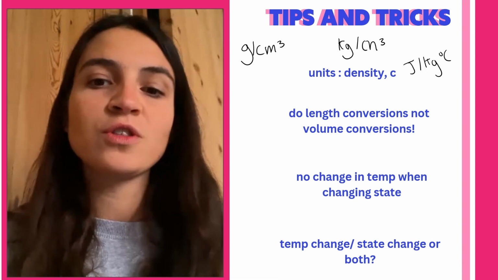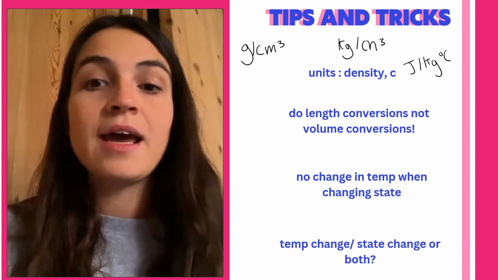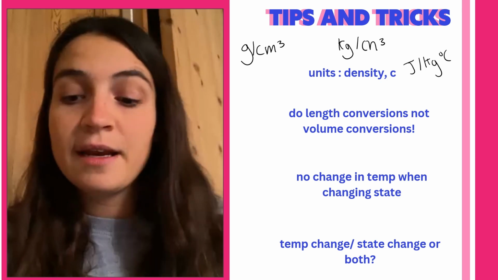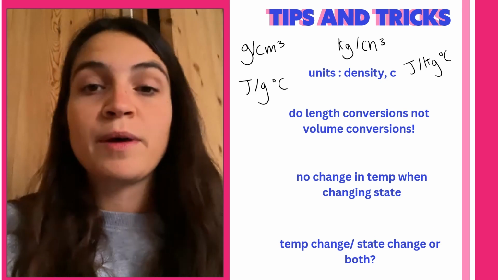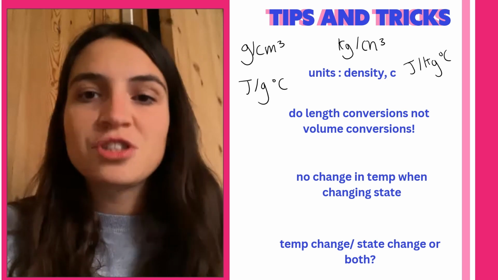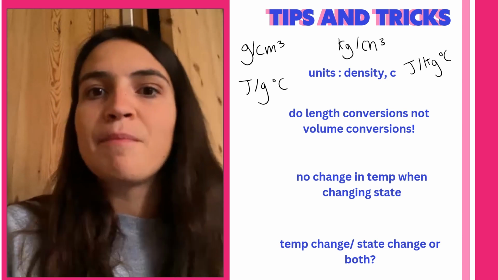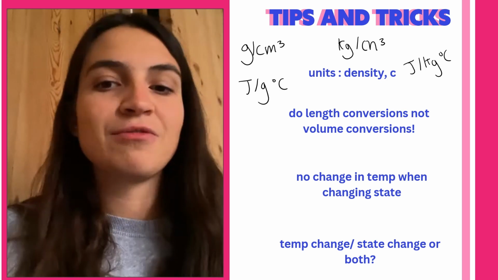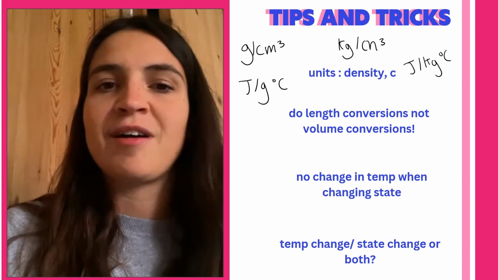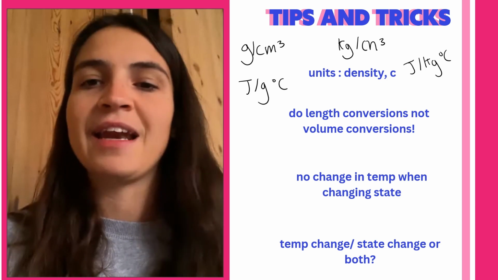Same for your specific heat capacity C. Is it joules per kilogram degrees C or joules per gram degrees C? So check that as well: if it is joules per gram degrees C, the mass you're plugging into your equation is in grams, and if it's joules per kilogram degrees C, the mass you're plugging in is in kilograms.